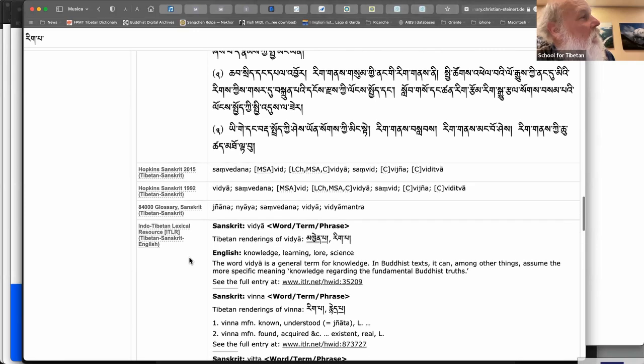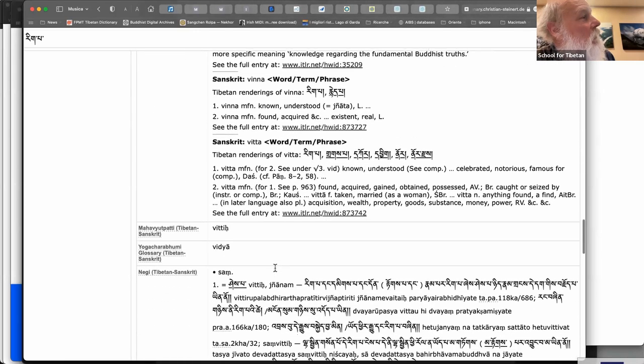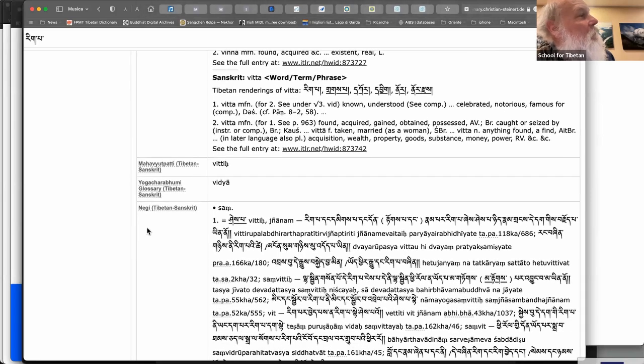Negi Tibetan Sanskrit is a very important dictionary in, I think, 16 or 17 volumes, which is Tibetan Sanskrit, and it is based on a number of sutra texts, in which the translation has been compared with the original.